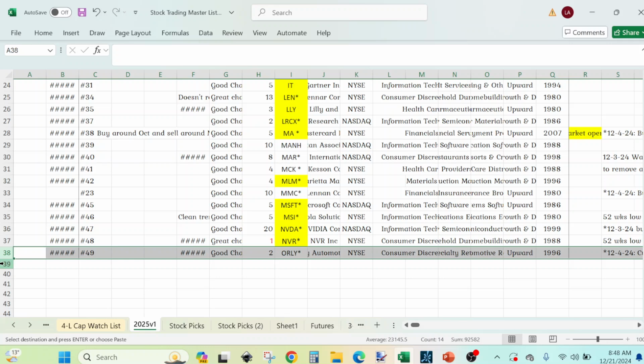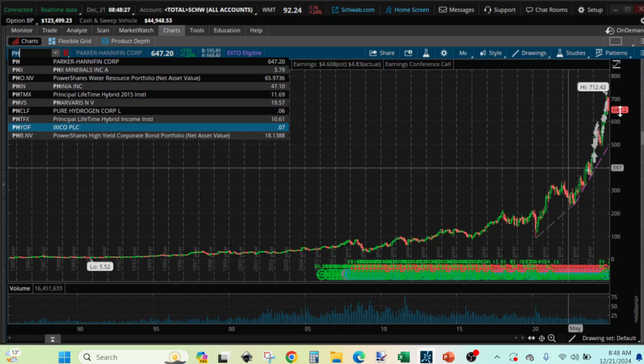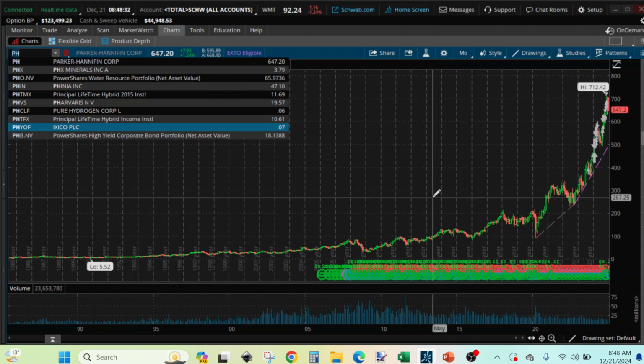The next one is PH. PH, current high. Every single dotted line is a year, because we are using the maximum monthly chart. So it's easy for us to just compare the last dotted line, and the edge of the line is 2024.